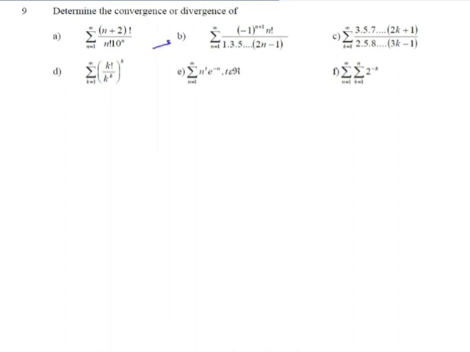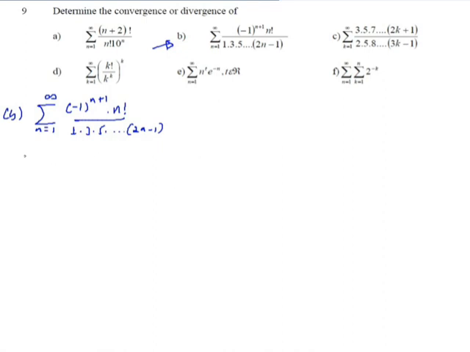Okay, now in B we have a series, n starting from 1 up to infinity, minus 1 to the power of n plus 1 times n factorial over 1 times 3 times 5 and so on up to 2n minus 1. Here we use absolute convergence.